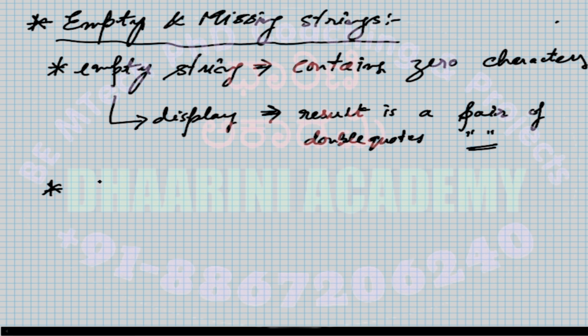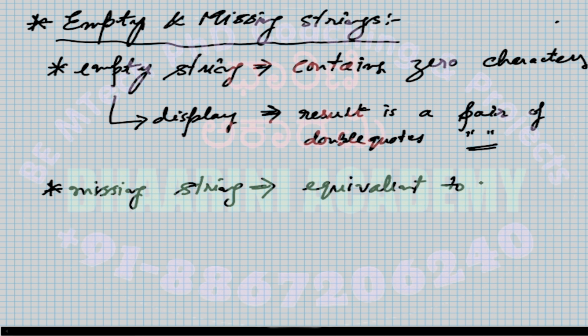So let me write that now. So when I try to deal with the missing string, this is equivalent to NaN of the numeric arrays.